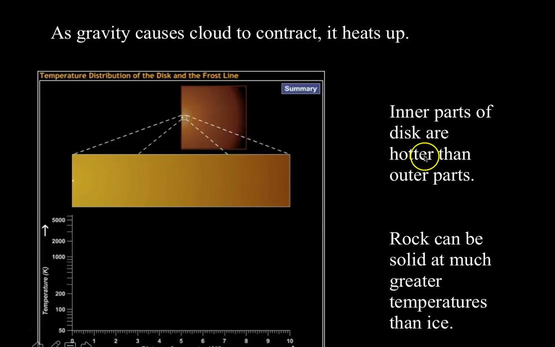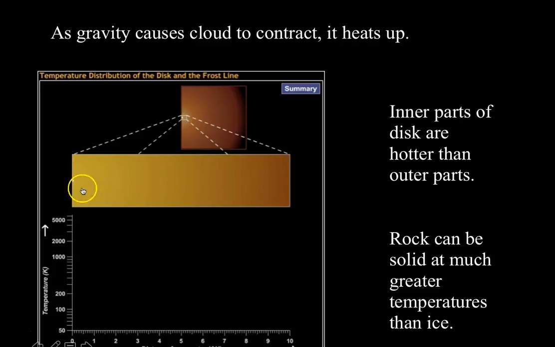Now, the inner parts of the disk are hotter than the outer parts. That's what we're getting across. And if the gas and dust is made out of silicon dioxide or iron or other metals, then it will stay solid much closer to the protosun than things like water or methane.